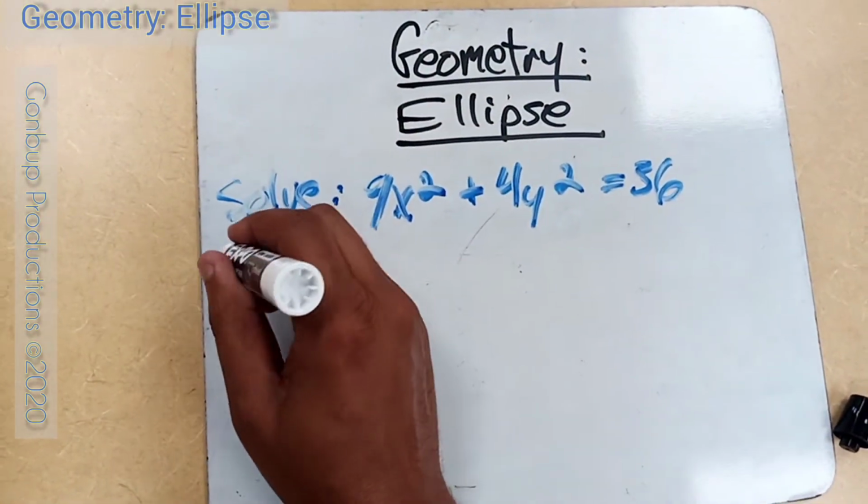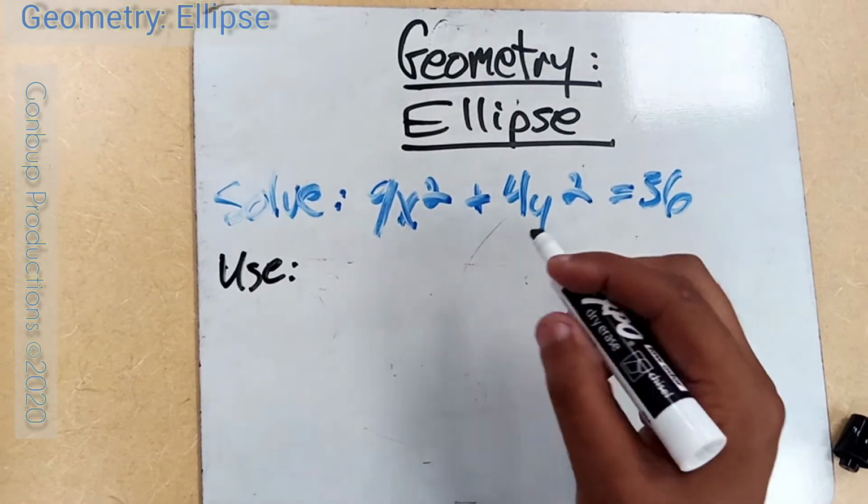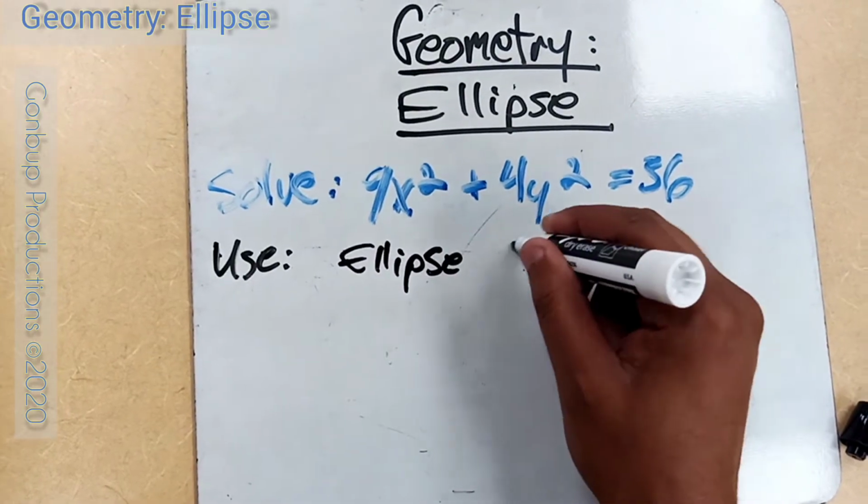All right, first thing we want to do is rewrite 9x squared plus 4y squared equals 36 in the form of the standard ellipse equation.